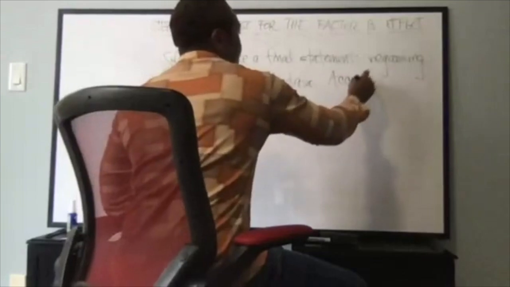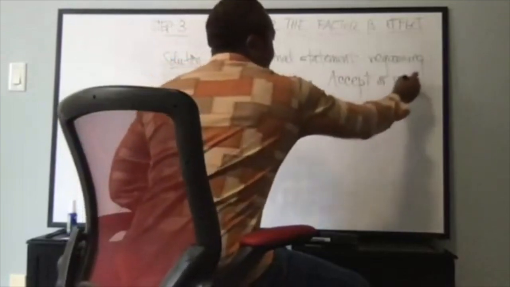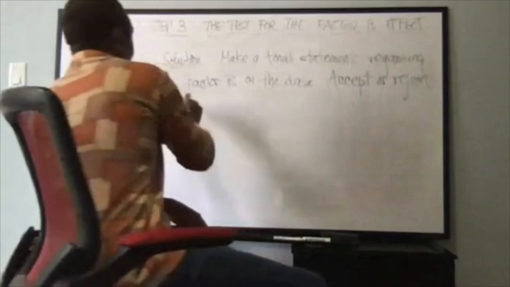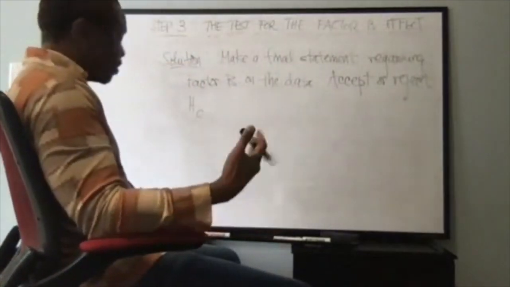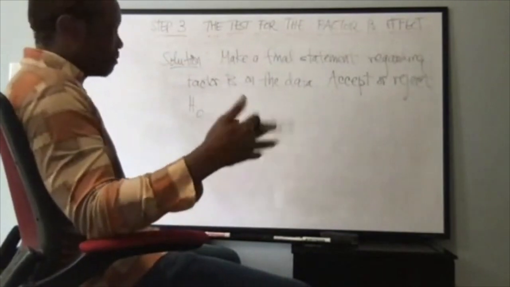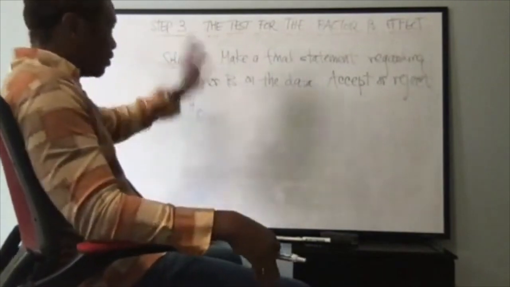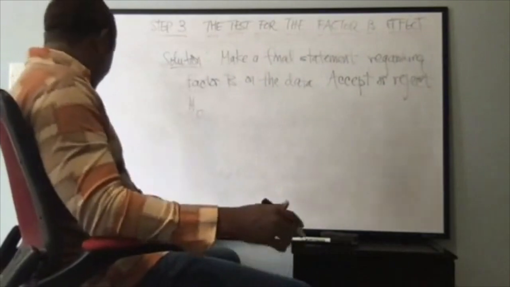Accept or reject x of naught, or x of 0. If you reject, use at least one pair of significant, and so on. I'm not going to rewrite that here. Accept or reject x of naught.